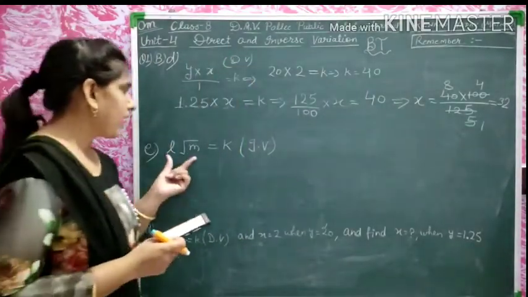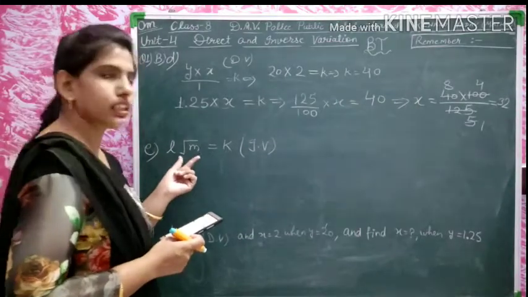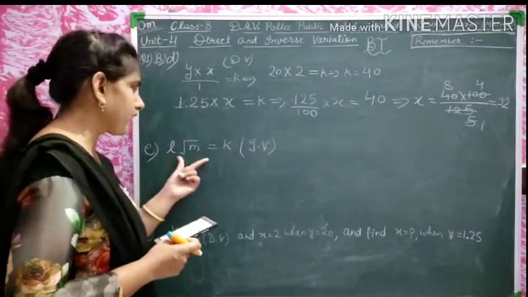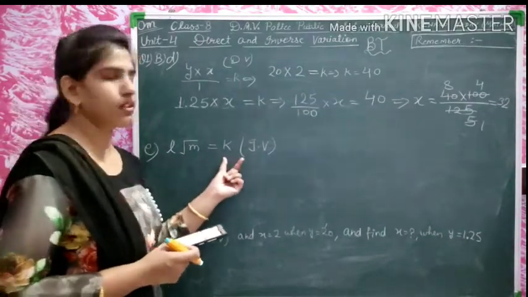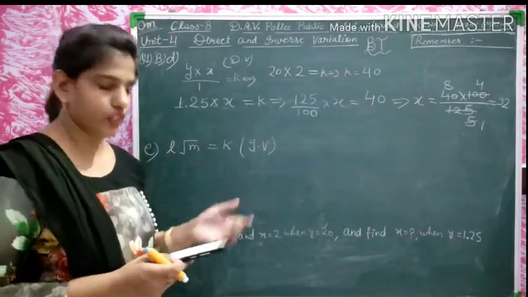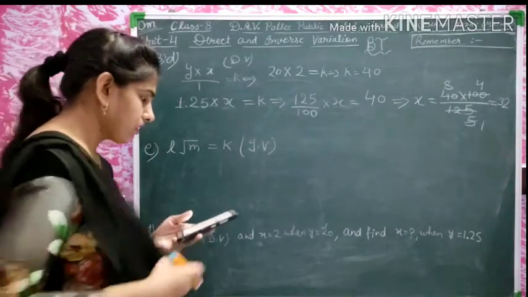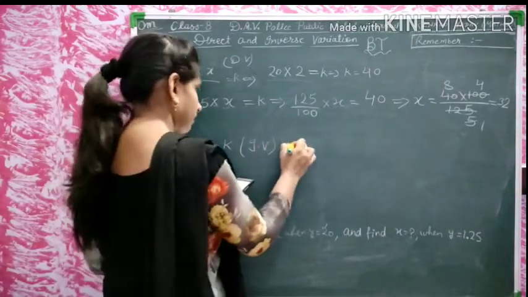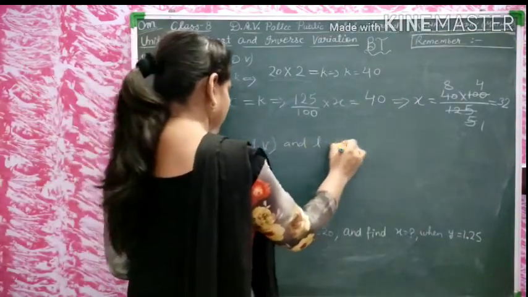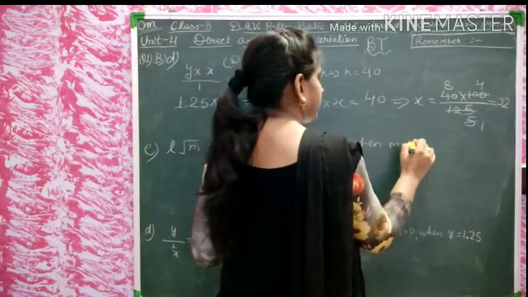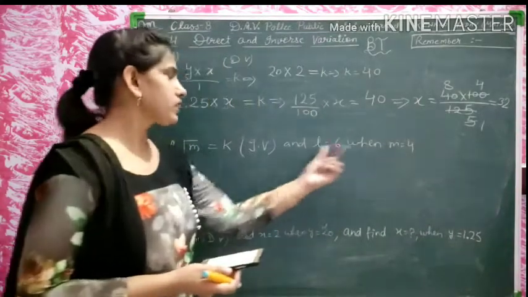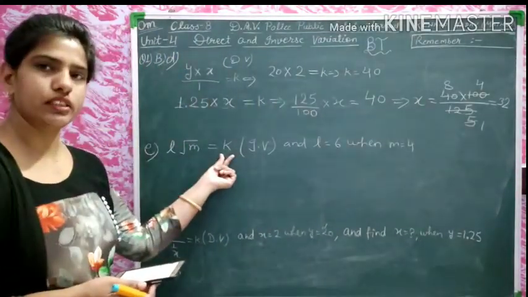Now students, L into root m, these are the two quantities, and the product of these two quantities must be the value of k. It is given that L is equals to 6 when m is equals to 4. From this we will get the value of the constant.